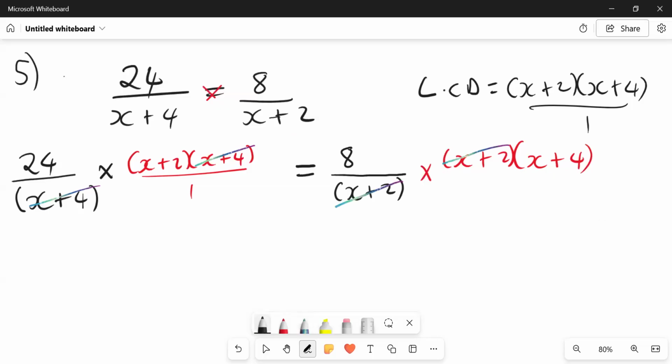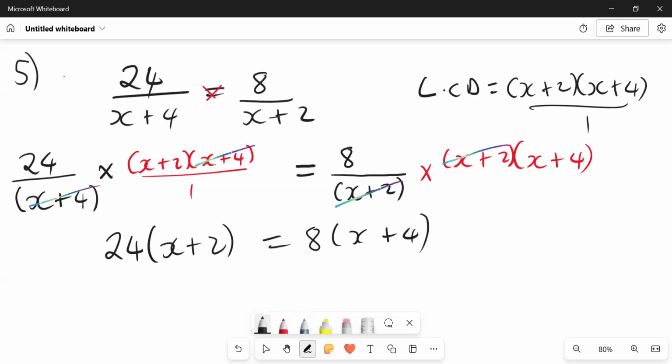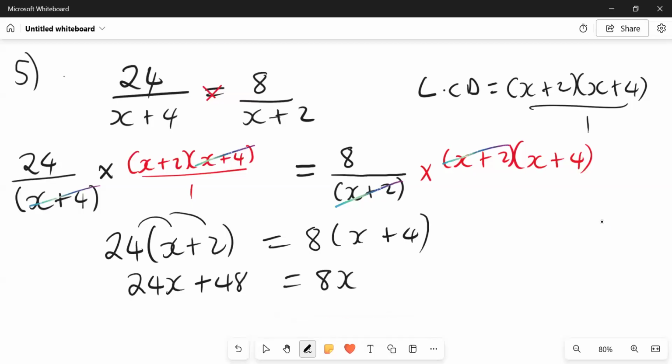So now, can you see we are left with 24 and x plus 2 equals to 8 and x plus 4. And then at this stage, that's when you distribute them, you get your 24x plus 48. Again, here you get your 8x plus 32, right?